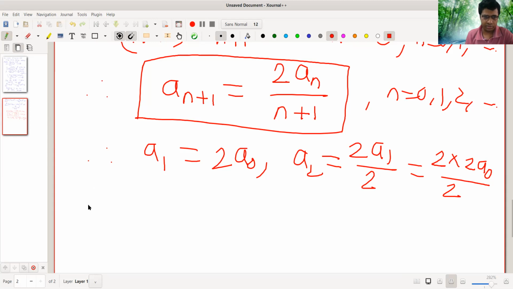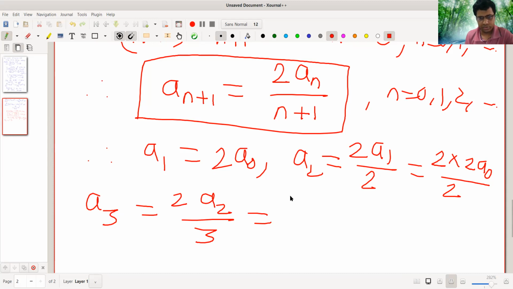Then a3 is 2a2 by 3, that is 2 into a2. So 2 square a0 by 2, and this 3 in the denominator.